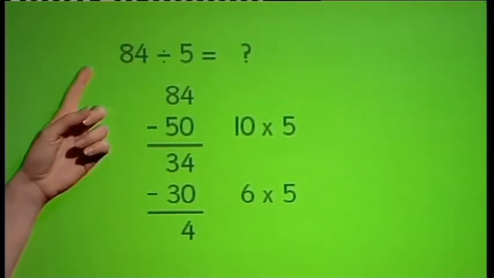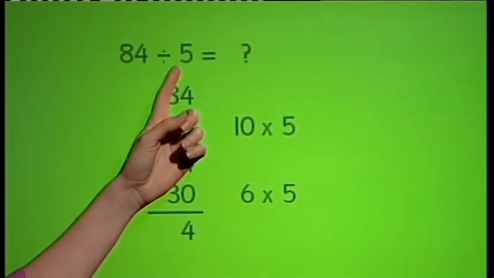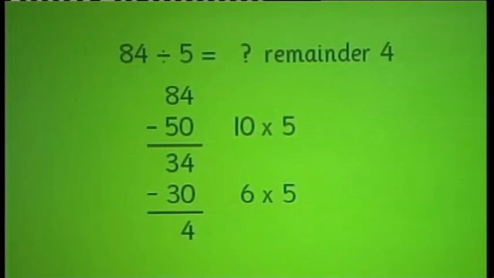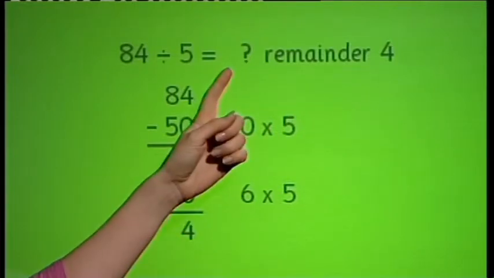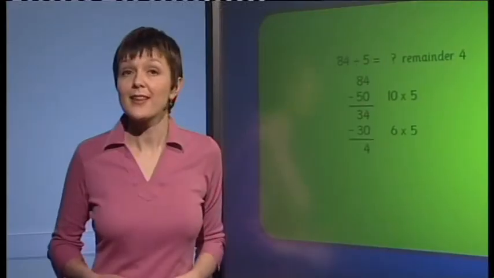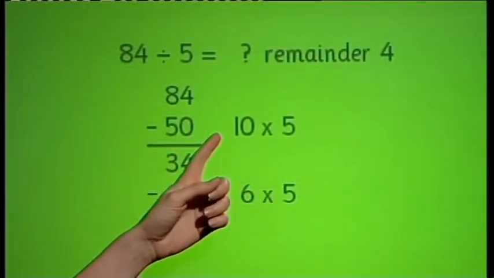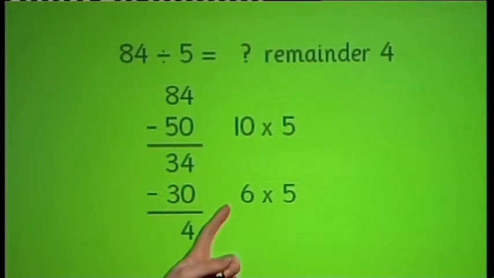So the answer to this sum, 84 divided by 5, is something remainder 4. But what's the something? Well, that's why you wrote down these steps. We used 10 lots of 5 here, and another 6 lots of 5 here.